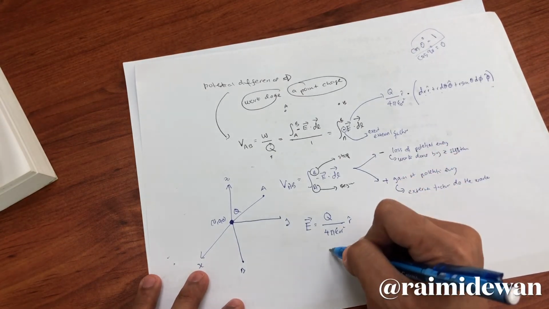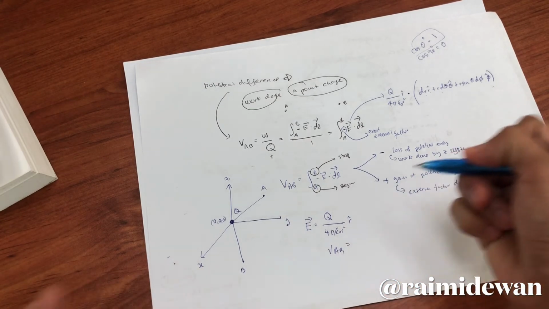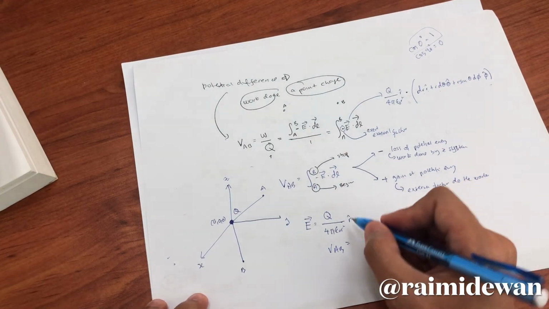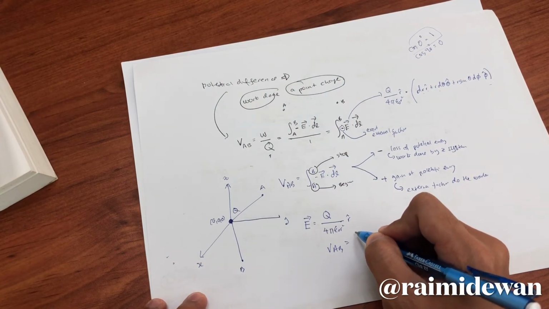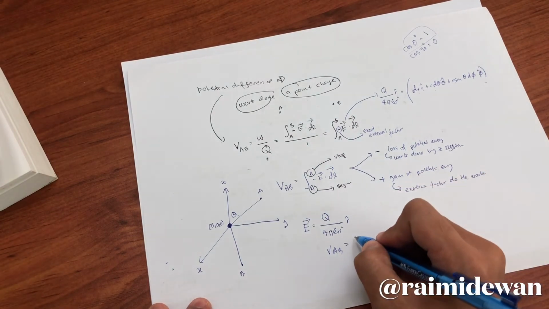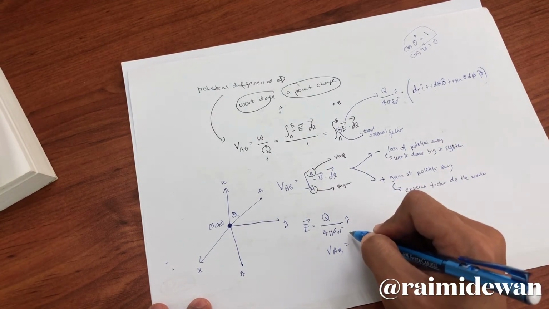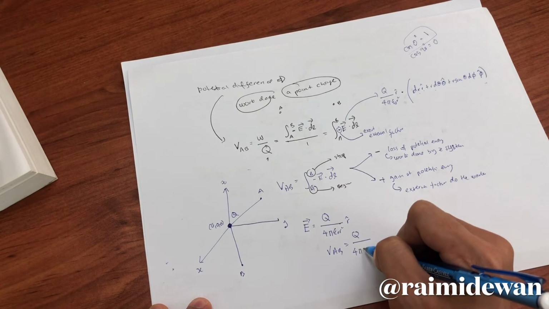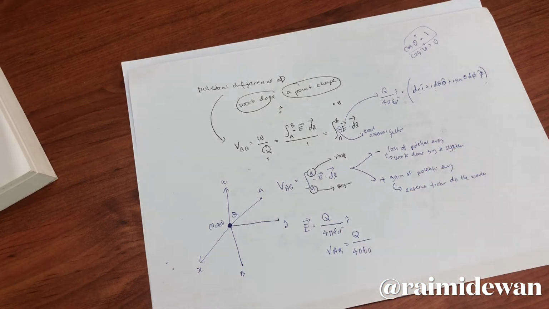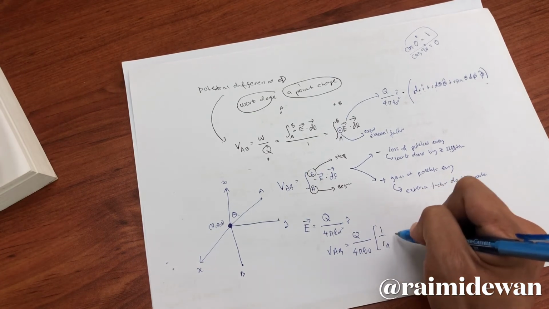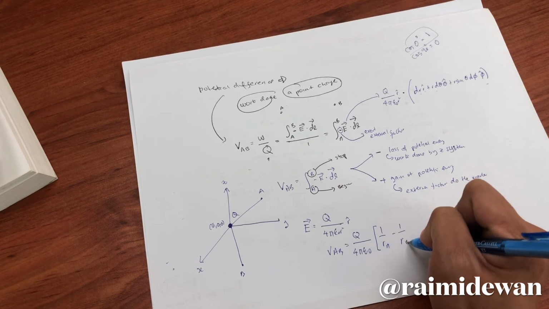So your VAB, when you further expand, you will obtain Q over 4 pi epsilon naught, of 1 over RA minus 1 over RB.